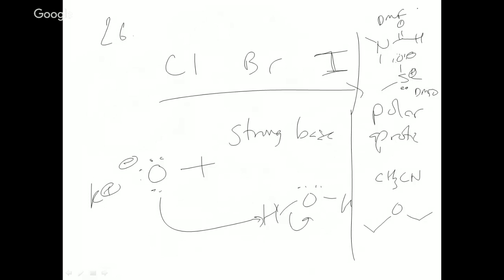Now the alkyl halide, as I mentioned, as we increase steric hindrance, it's going to increase the rate of E2. So let's refresh here. We have primary, and of course, methyl alkyl halides cannot undergo elimination. They have no beta hydrogen. So here we're just looking at primary, secondary, and tertiary.